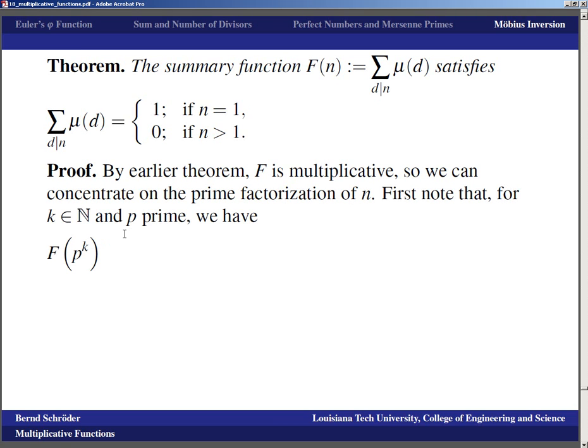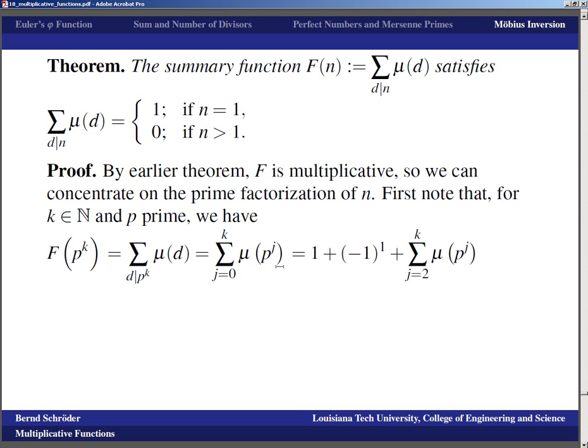So first note that for an exponent k and a prime number p, we have that f of p to the k is the sum over all divisors of p to the k of mu of d, which is the sum j equals 0 to k of mu of p to the j. That's 1 because mu of 1 is 1. It's -1 because mu of p is -1 to the first, plus the sum j equals 2 to k of mu of p to the j.